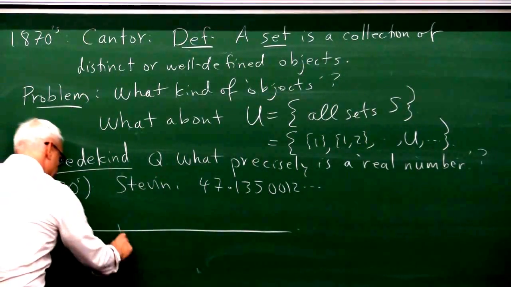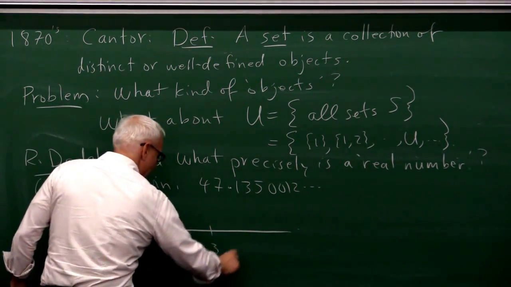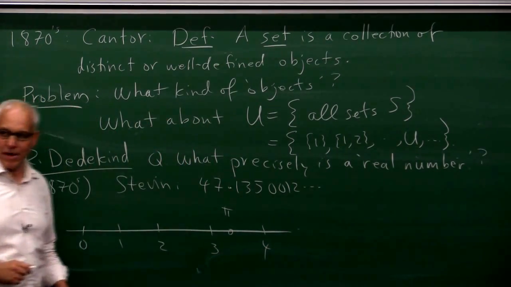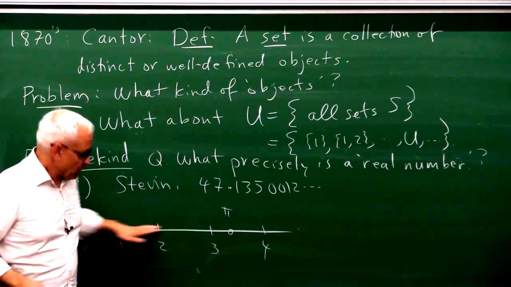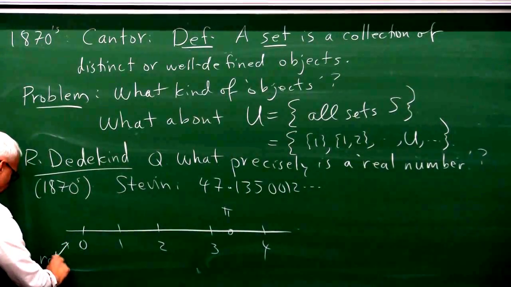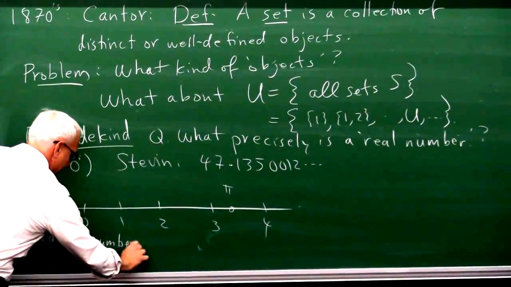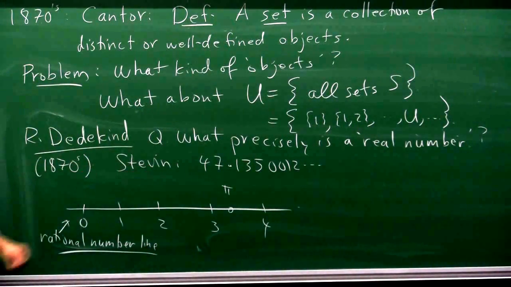Okay, so let's say we have our number line, and here is pi, okay, which is 3.1415, etc. So what Dedekind said is, all right, imagine just rational numbers for a second. So imagine this is the rational number line, just consisting of ordinary rational numbers. Then pi is not a rational number, so it doesn't, strictly speaking, belong to the number line.